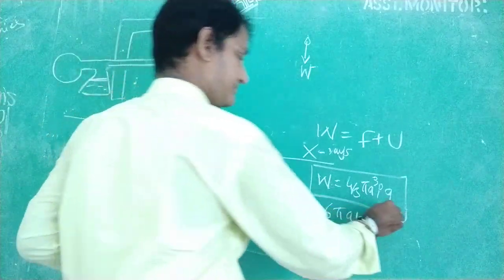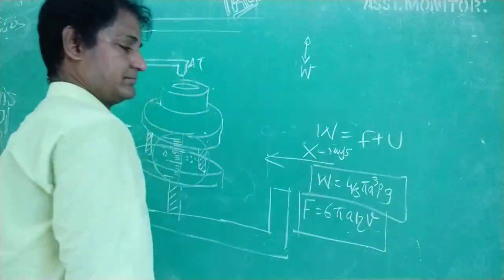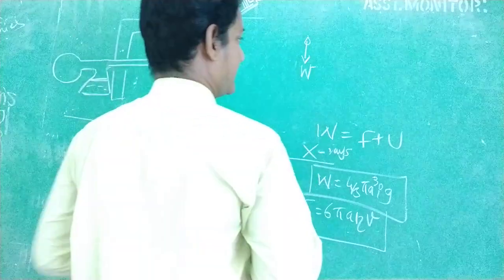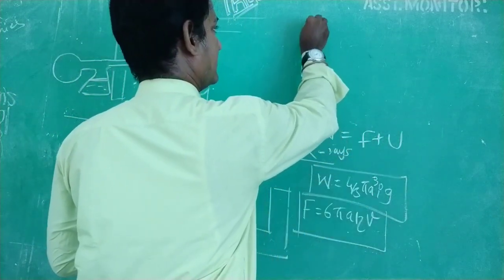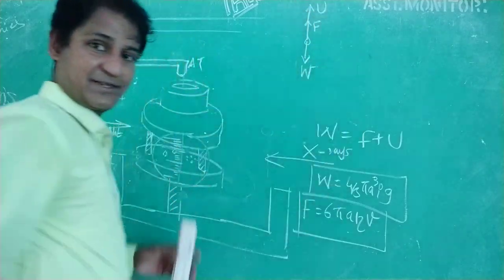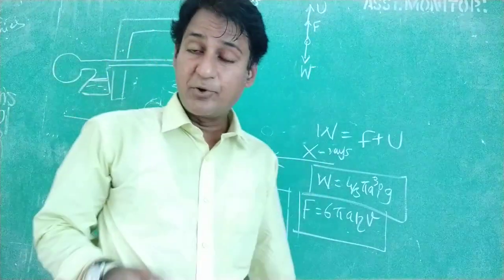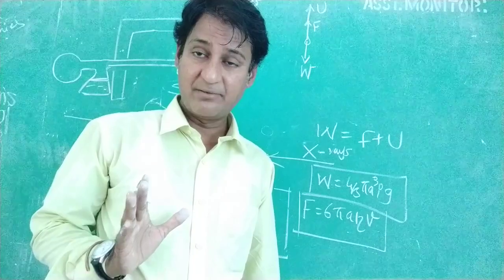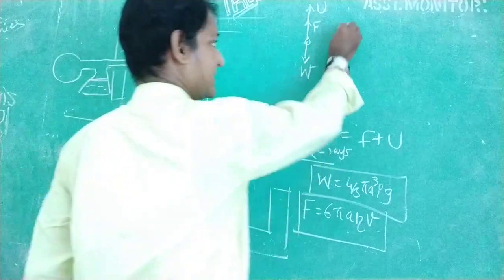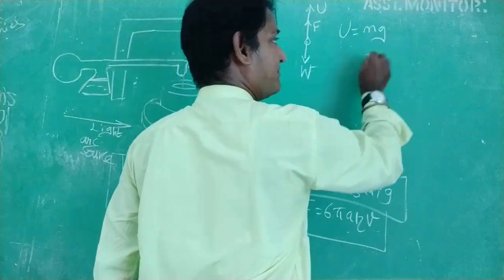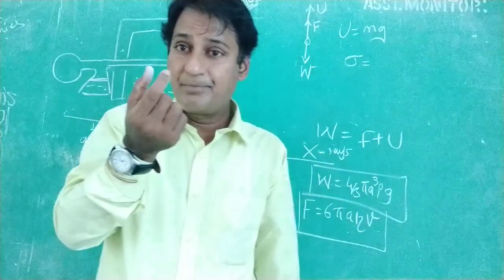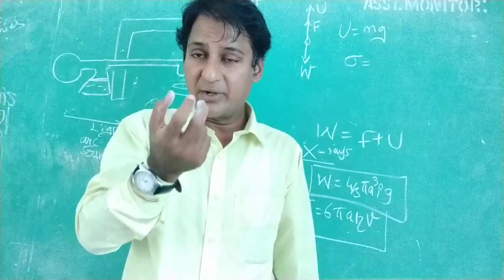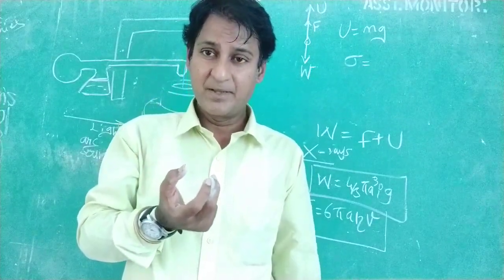and what is U? So U is the upthrust or upward force provided by the air, the viscous air, right? That upthrust is equal to m into g. And whenever the droplet is moving down under the gravitational effect, it will displace the air molecules.